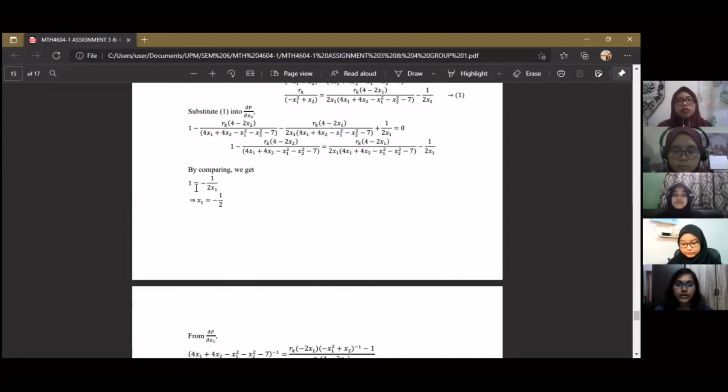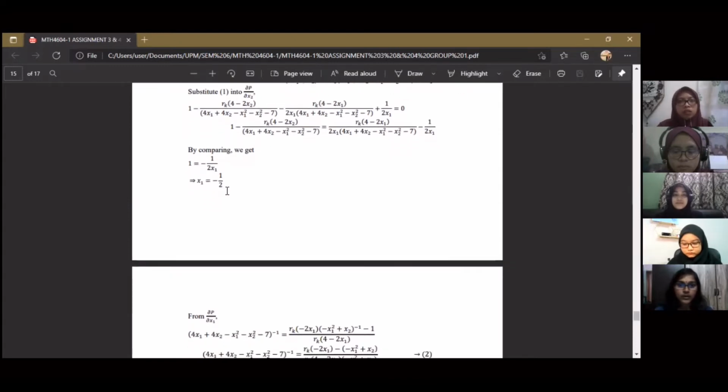By comparing the equation, we get 1 equal to negative 1 over 2x1. So we get our x1 value equal to negative 1 over 2.